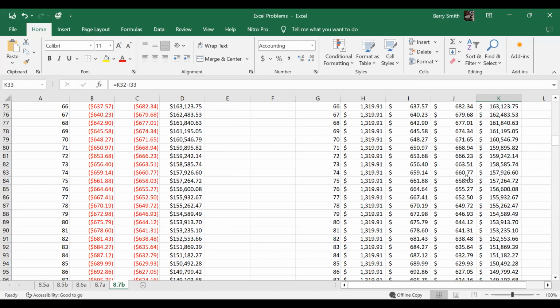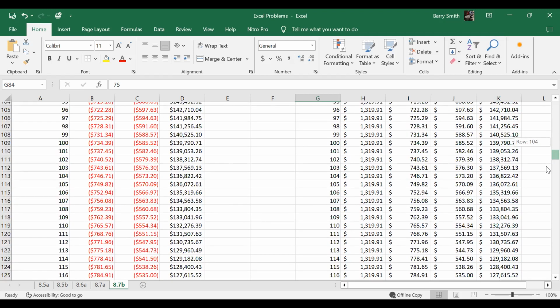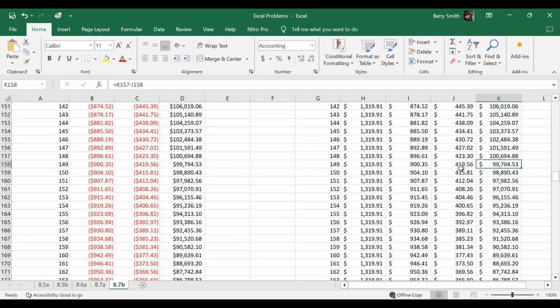So this one is more here. Here it looks like at payment 75, we have more principal than we have interest. So that would be 75 for number 2. And for number 3, when is our balance less than 100,000? All right, so it looks like here, on payment 149.